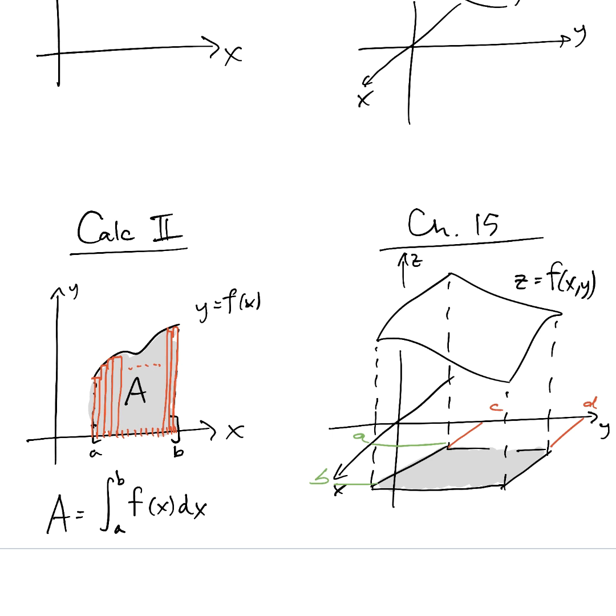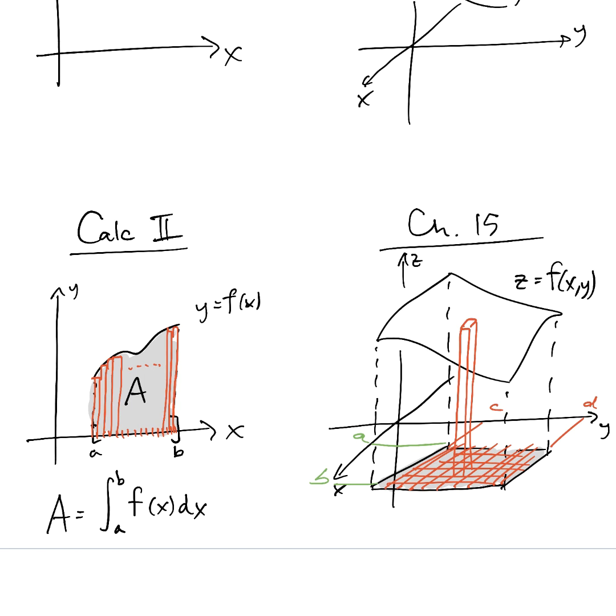The move is the same. Let's break the region of integration into a gazillion pieces, which for us now means a bunch of little rectangles in a grid like that. And floating above each little rectangle, we have not a rectangle like we did back in Calc 2, but rather a column or a pillar or whatever you want to call it. The top of the column is governed by the surface.